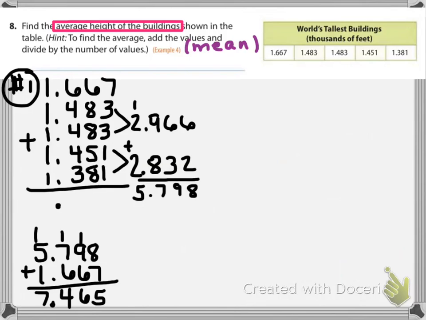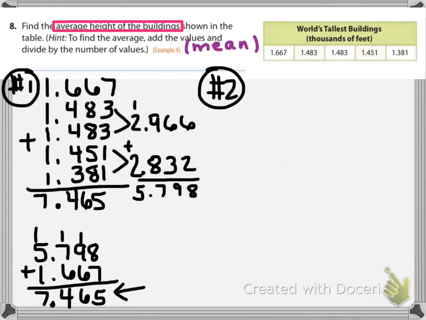Okay, so I took a couple of the decimals at a time and added them up to get a total of 7 and 465 thousandths. Now, my step 2: I've done the addition, now I've got to do the division, because it said to add all the numbers and then divide.